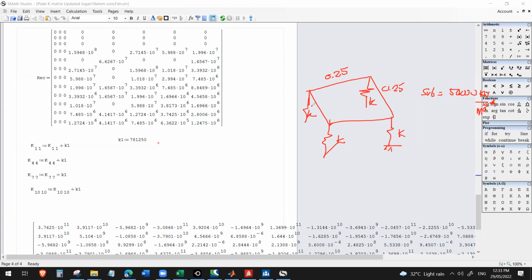Each spring here has a tributary of this, which is half of 0.25, so that will be 0.125 by 0.125. So our K is that. That's the formula.